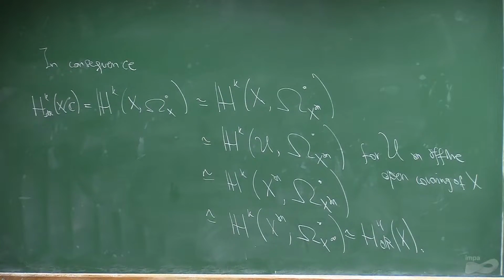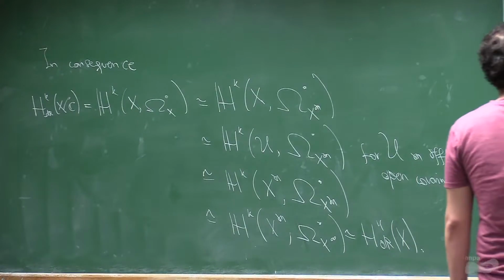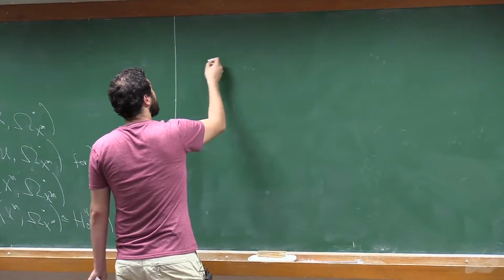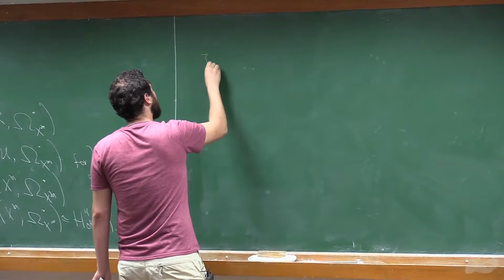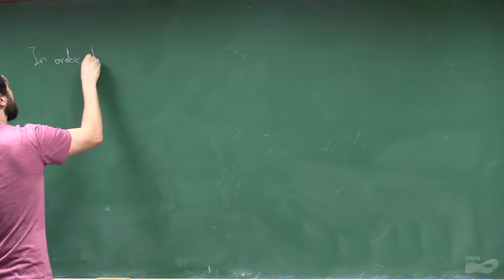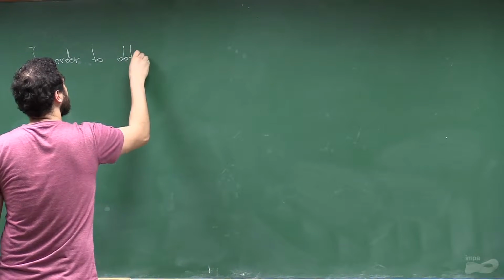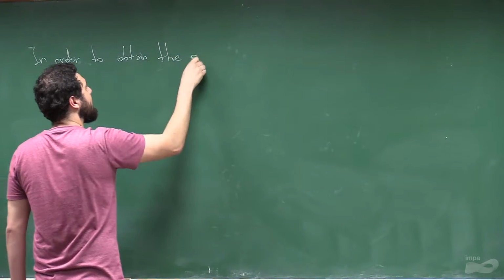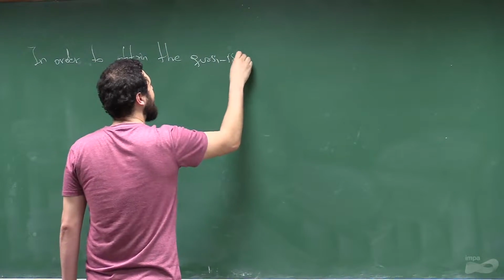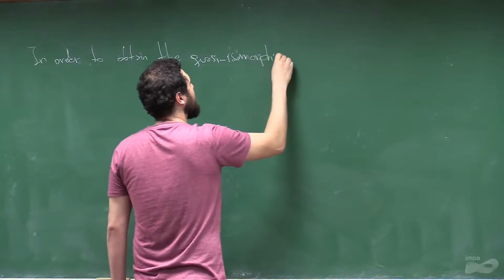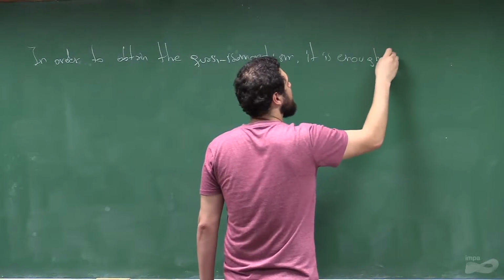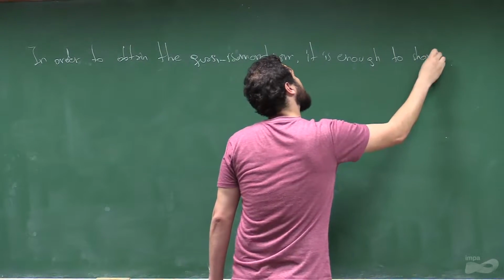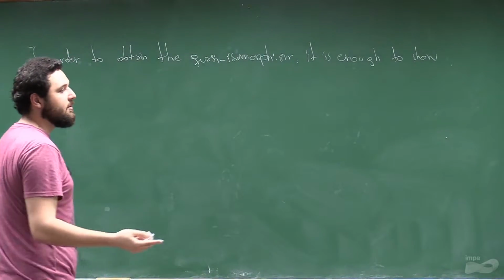So in order to prove that, it is enough to prove that it is locally an isomorphism, right? So in order to obtain the quasi-isomorphism, it is enough to show that the cohomology presheaves are isomorphic, right?